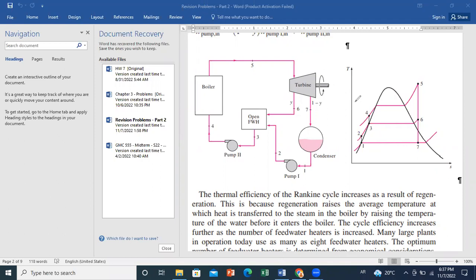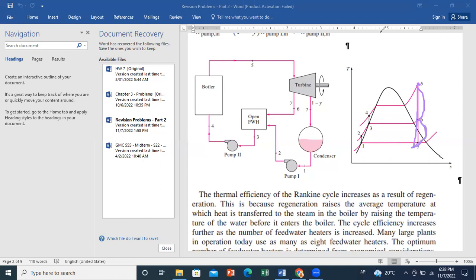and by making these savings in Qin, you will increase your efficiency. Of course, you can tell me that Q output will also be reduced. It's true. Why? Because in the conventional Rankine cycle, you will expand the full fluid from point 5 to 7, while here you will expand the whole flow from 5 to 6, while only 1 minus y will be expanded from 6 to 7.